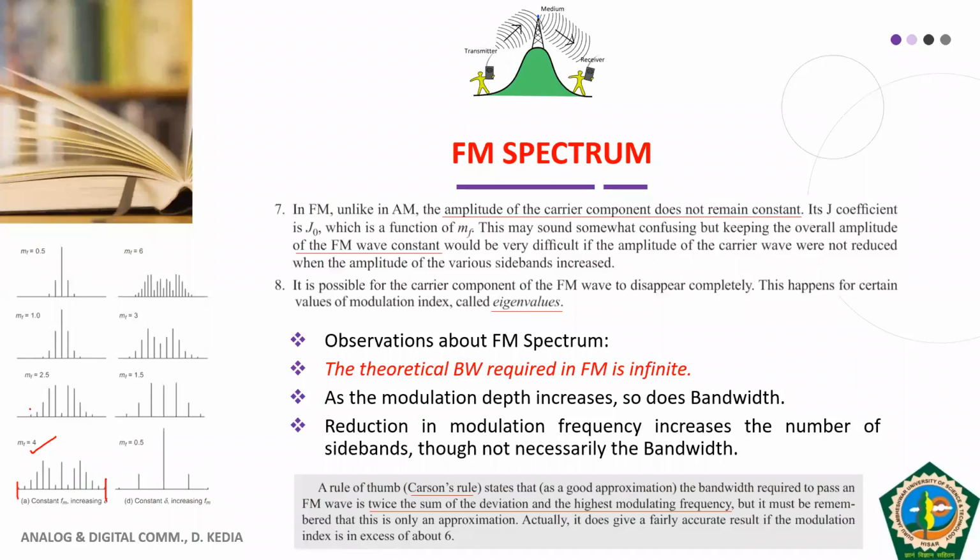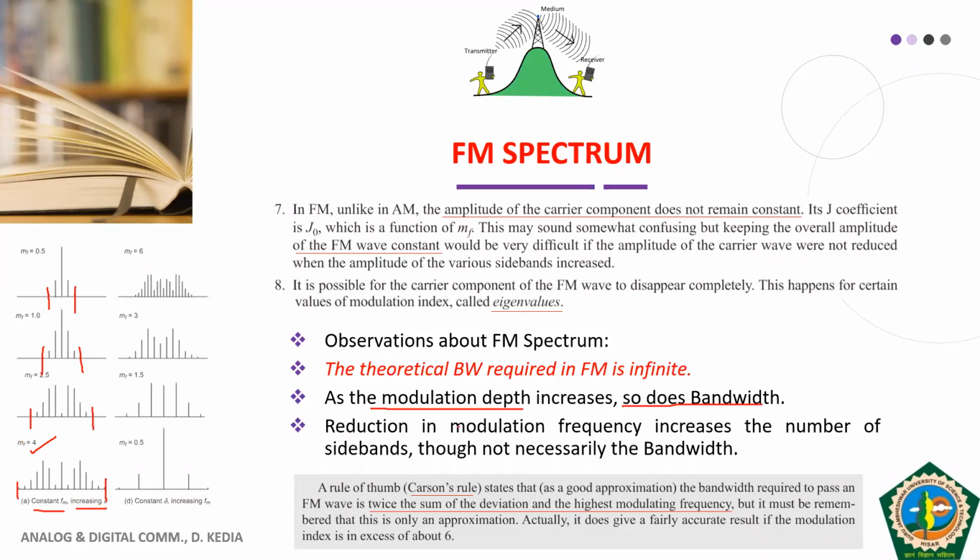For MF equal to 2.5, the number of sidebands is less. Then at 1 they are further less, and at 0.5 they are further less. So if we increase the value of deviation by keeping FM constant, in that case your bandwidth increases. Okay, so we can say that as the modulation depth increases, so does the bandwidth.